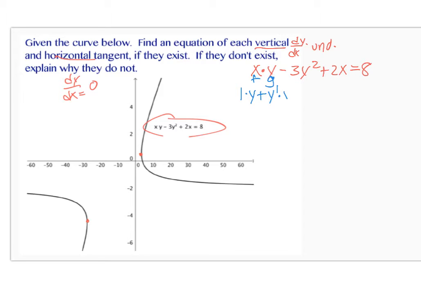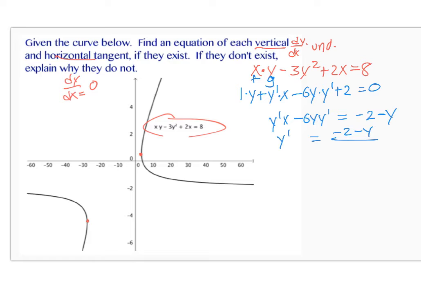Y prime times x minus the derivative of 3y squared is going to be 6y y prime plus 2 is equal to 0. Let's get all of the non-y prime stuff to the other side. So we get y prime x minus 6y y prime is equal to negative 2 minus y. I'm going to factor out a y prime and divide by the other stuff, so negative 2 minus y. And when we do that, we end up getting x minus 6y on the bottom.